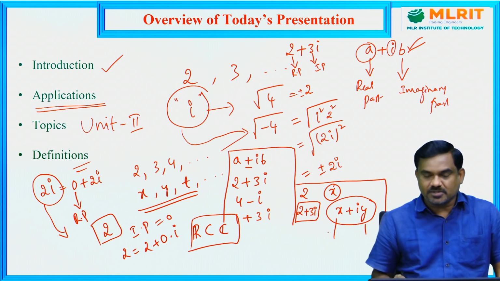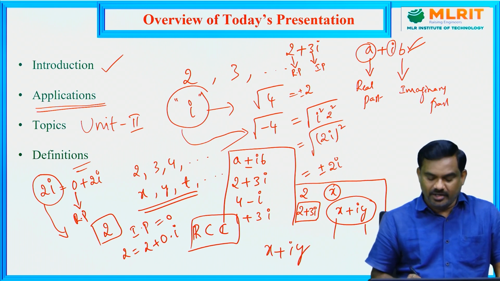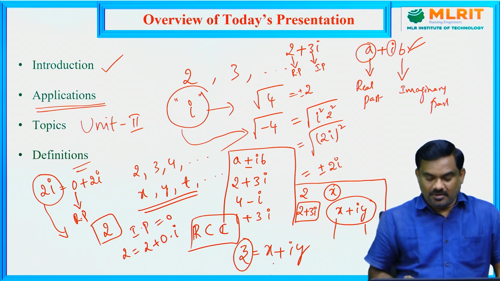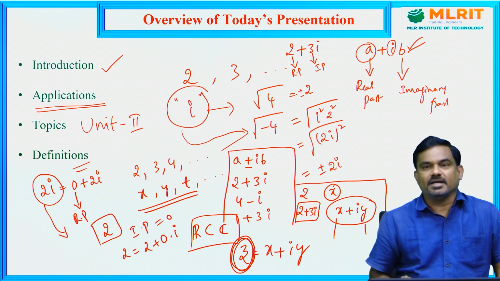In general, we denote a complex variable using z. If x and y are constants, then this becomes a complex number. So a complex variable is denoted by z, which is in the form x plus iy.